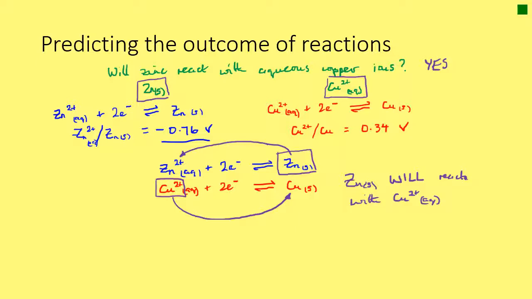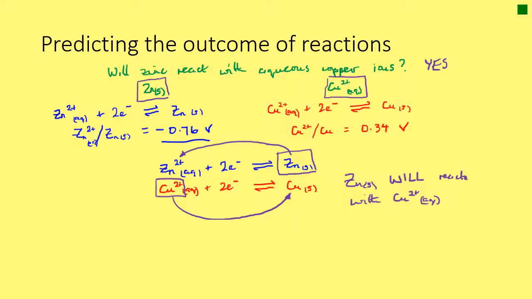So we write that half equation on top, and they're both still written in the reduction direction: zinc 2+ aqueous plus 2 electrons in equilibrium with zinc solid. The other one goes on the bottom: copper 2+ accepting 2 electrons in equilibrium with copper solid. So that's that step.